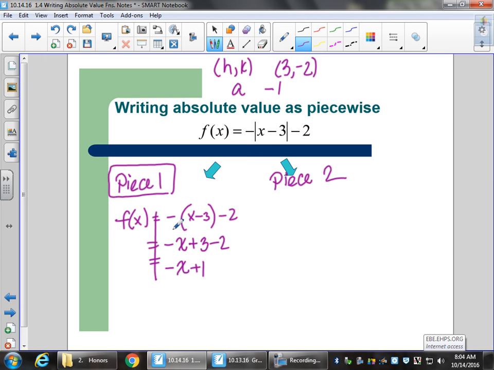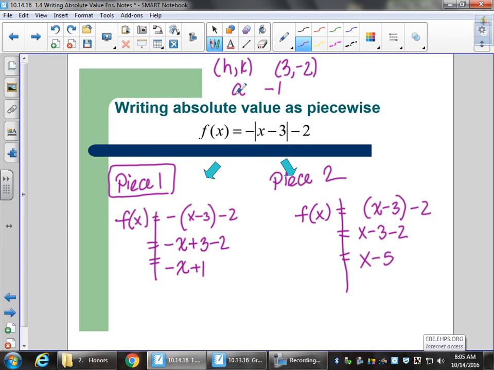What are we going to do for piece 2? So what would be the opposite? Positive. So tell me what to write right here. Yep. Do I actually need these parentheses? Is there anything to distribute? No, so this just becomes x minus 3 minus 2. So it's x minus 5.